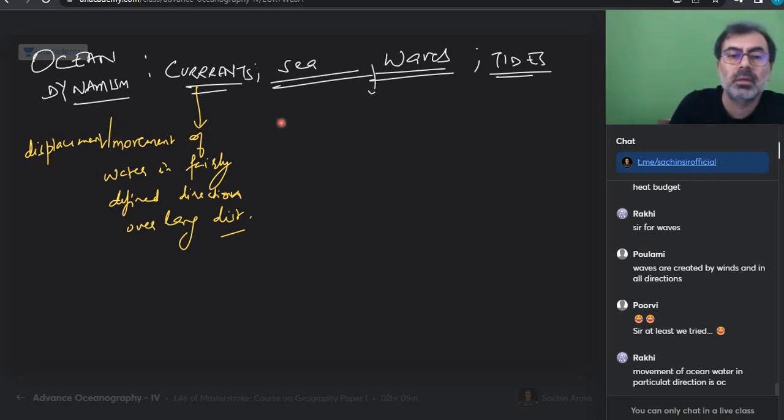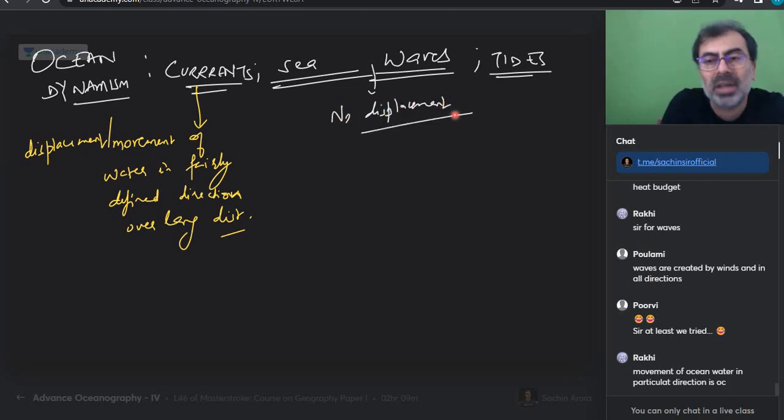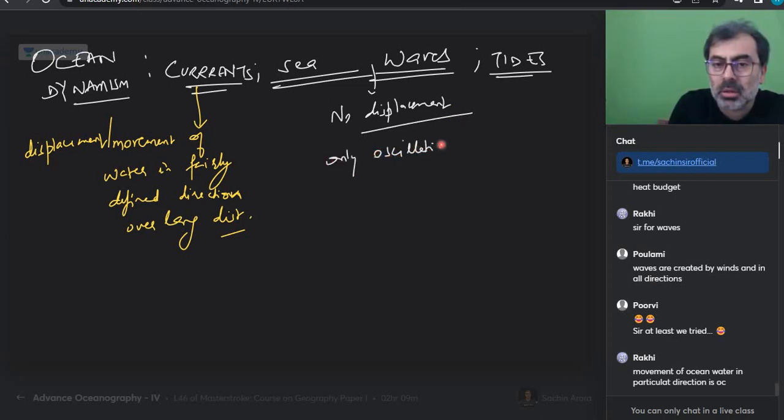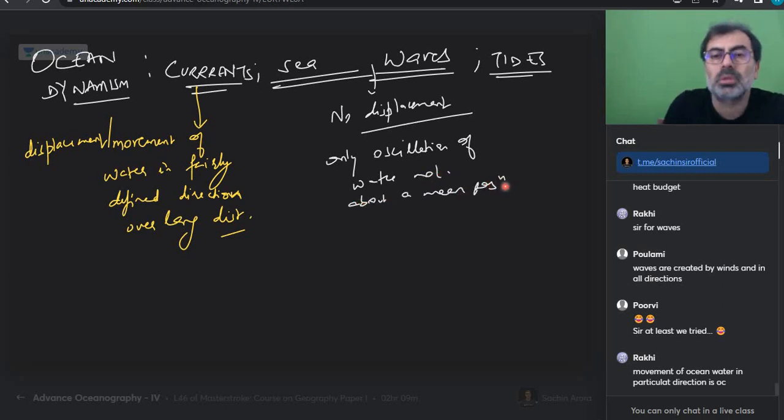The difference is, in this, there is no displacement of water. No displacement. Water does not move. Only oscillation of water about the ocean. Water is not transferred, energy is transferred.